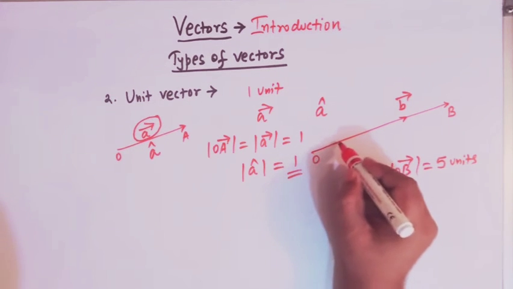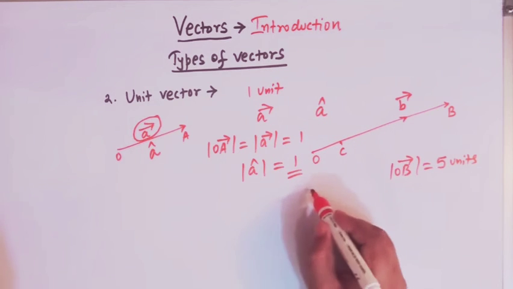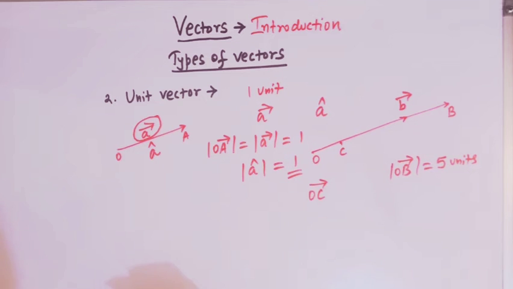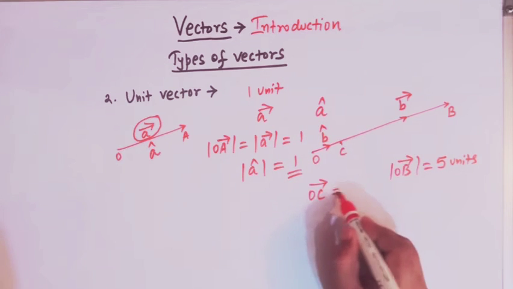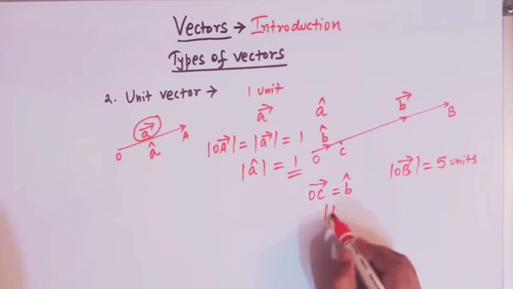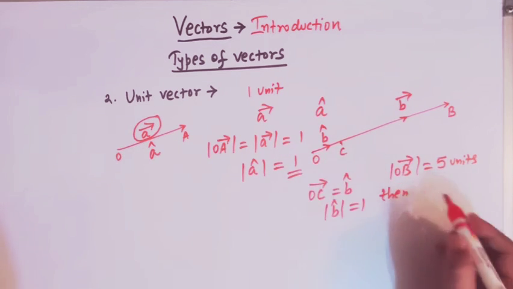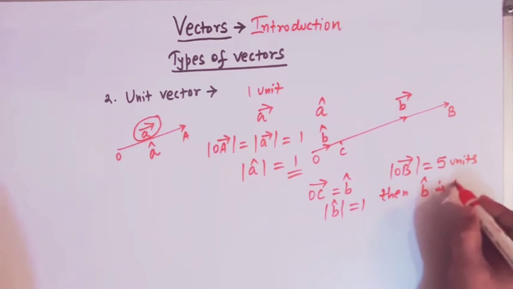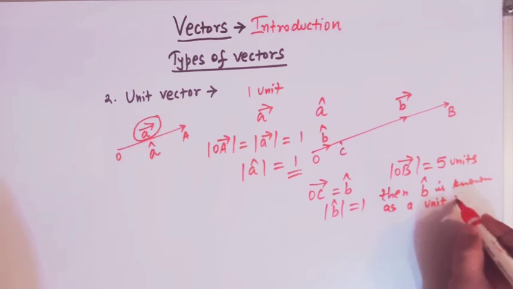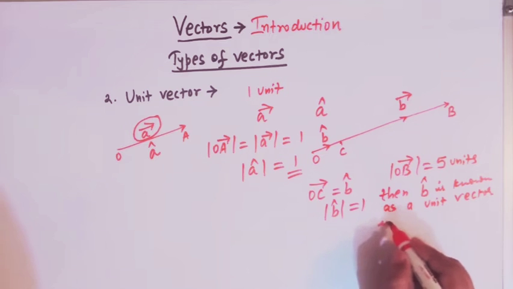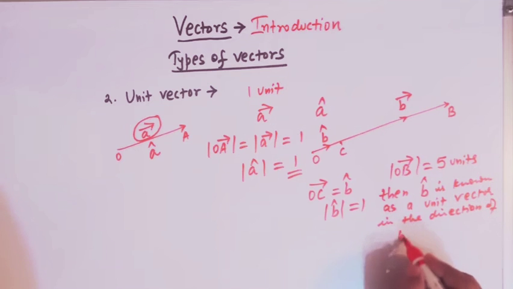Let us take a point C here, such that vector OC is denoted by vector B cap, and the magnitude of vector B cap is 1, then this vector B cap is known as a unit vector in the direction of vector B, right?